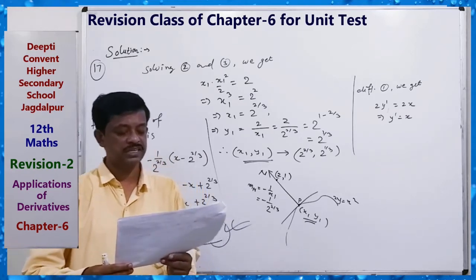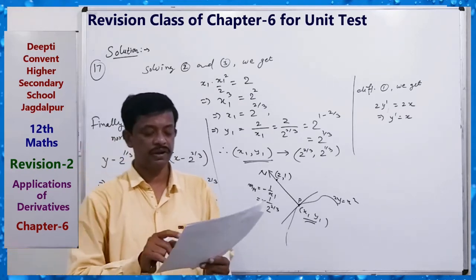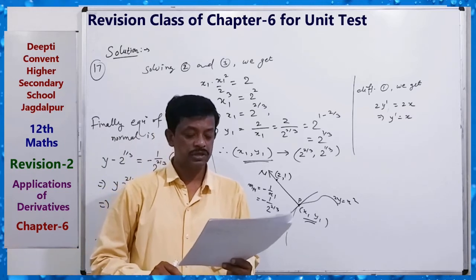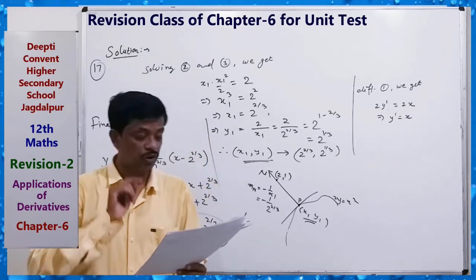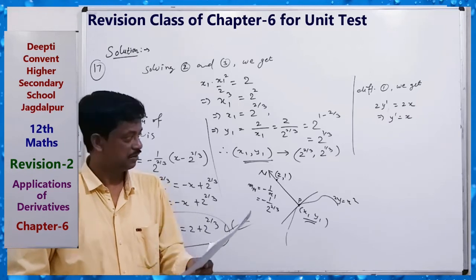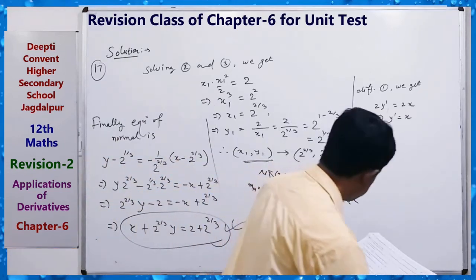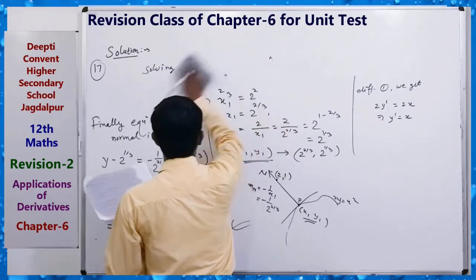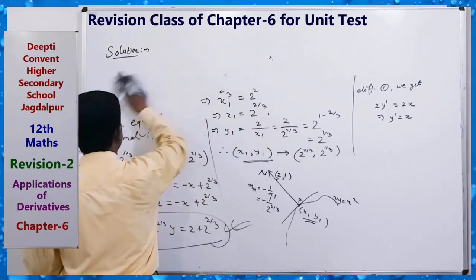Find the equation of tangent and normal to the curve at the point whose x coordinate is 3.